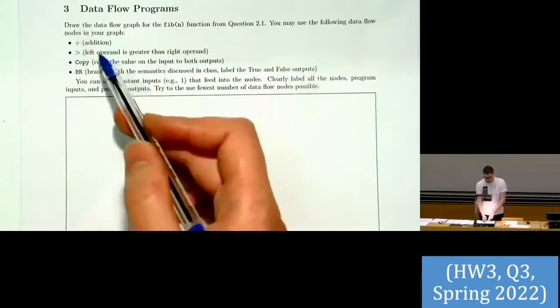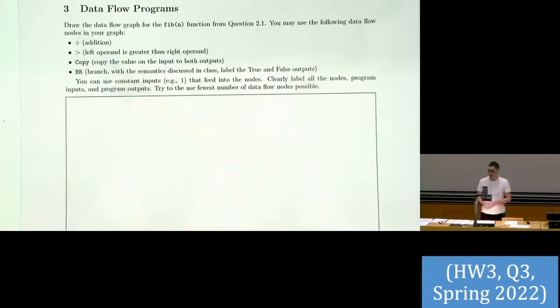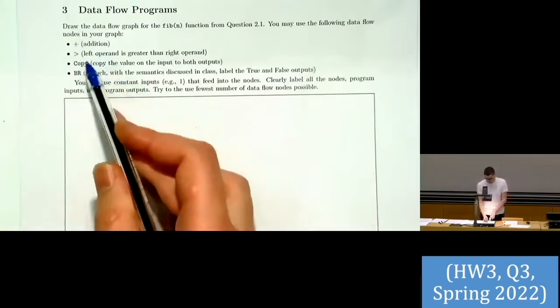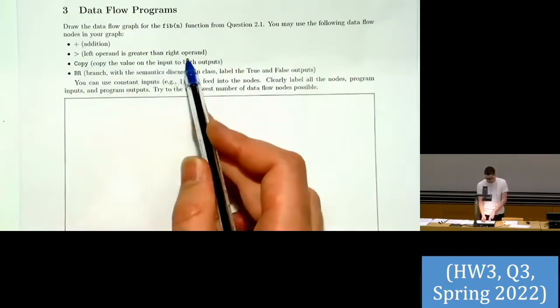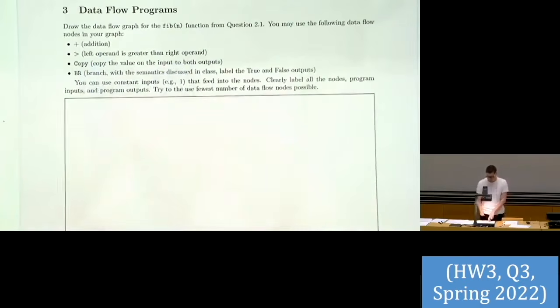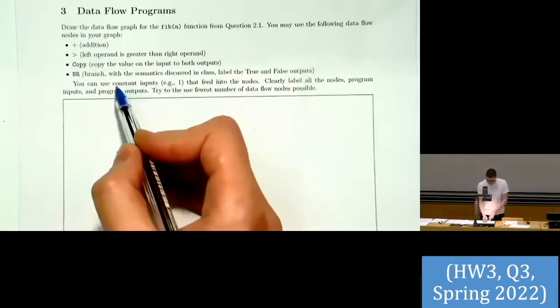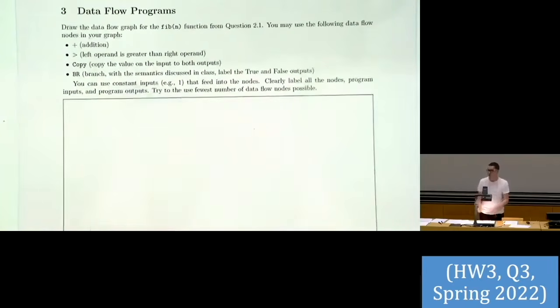And it gives you some nodes here that you can use, such as addition and greater than operand, then copy and branch. So you are allowed to use only those, and also you can use constant inputs to feed to your nodes. And that's it. Using those nodes, you will need to implement Fibonacci.